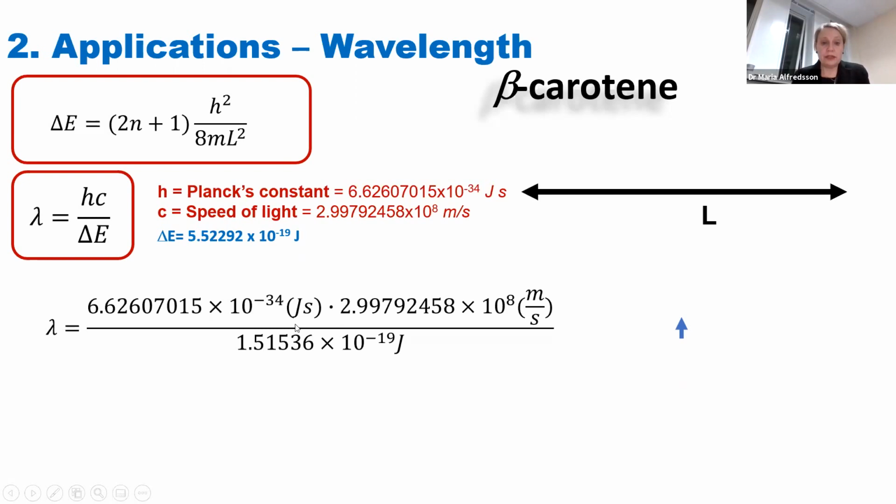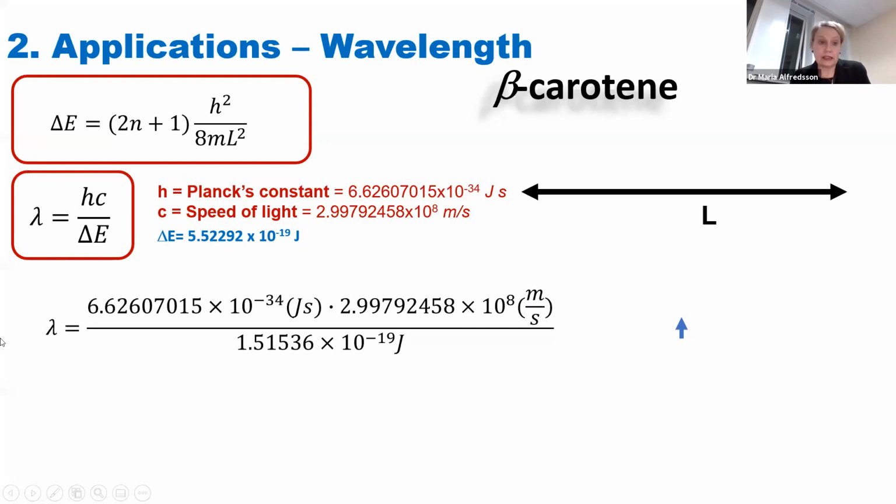I check my units. Planck's constant is in joule seconds. And then I have c, which is the speed of light, in meters per second. My joules and joules are cancelling out. My seconds and seconds are cancelling out.